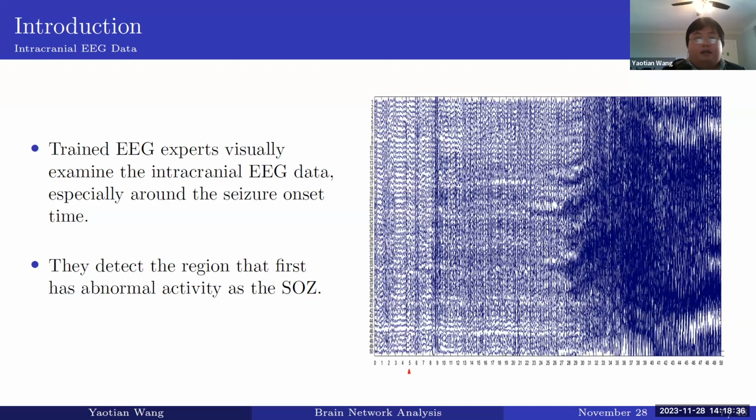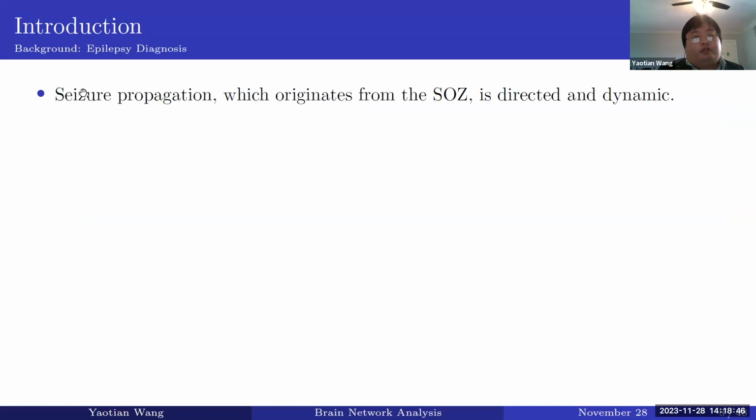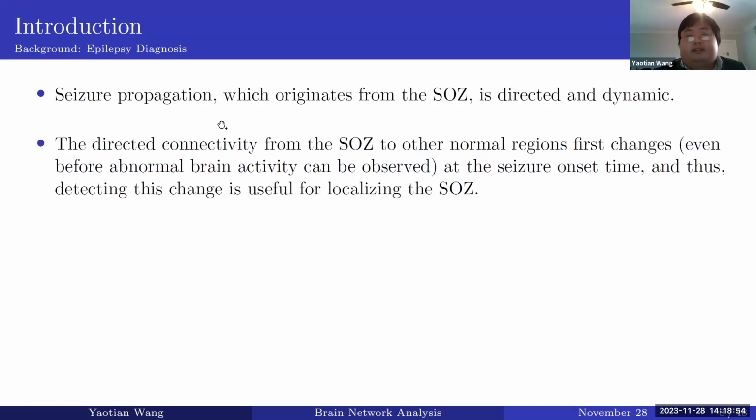As statisticians, we want to develop statistical methods to help localize the seizure onset zone. So how should we achieve this goal? As the video shows, seizure propagation is a directed and dynamic network phenomenon. The directed connectivity from the seizure onset zone to other normal regions first changes at the seizure onset time.